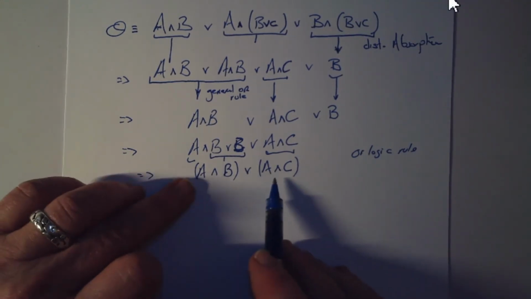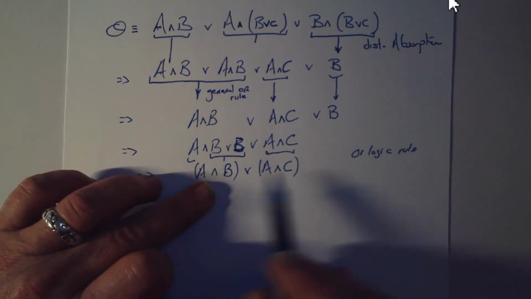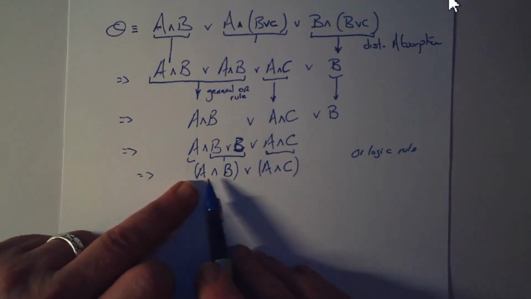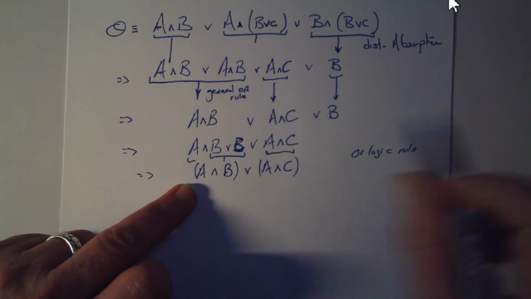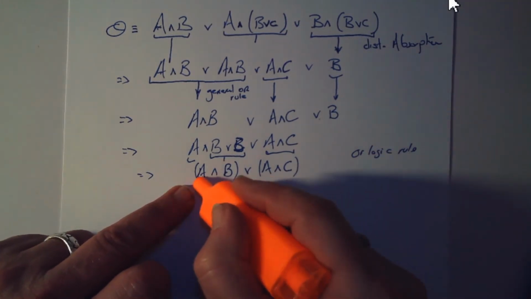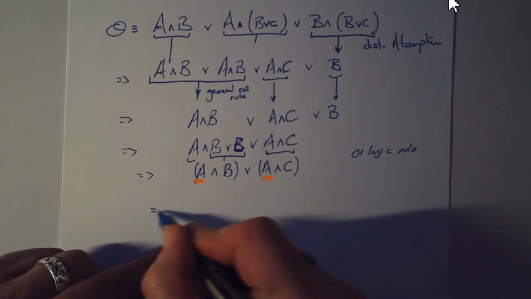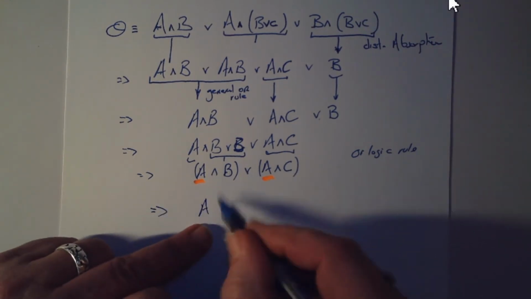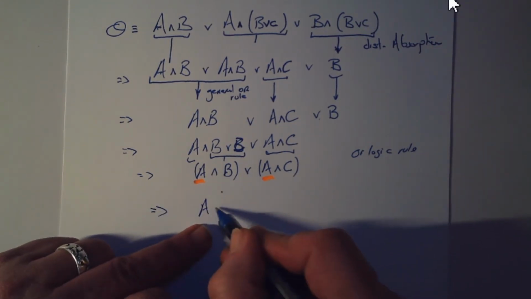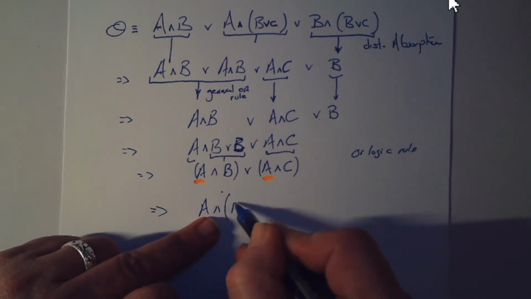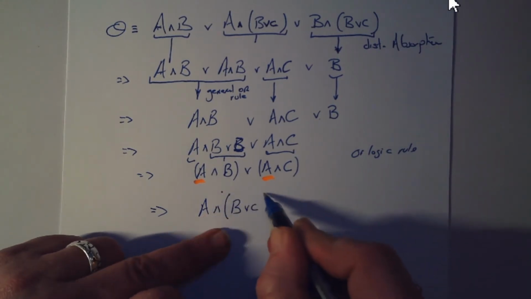It's going to be convenient for me because once I've grouped them on either side of the OR operator, I can take out the common term, and our common term again is the A. So if we take the A out, I am going to get A, and then I'm going to get ANDed with B or C. Let's just check that.